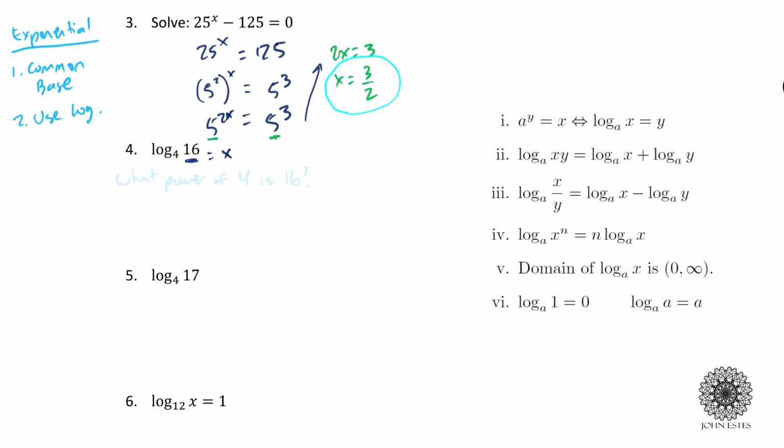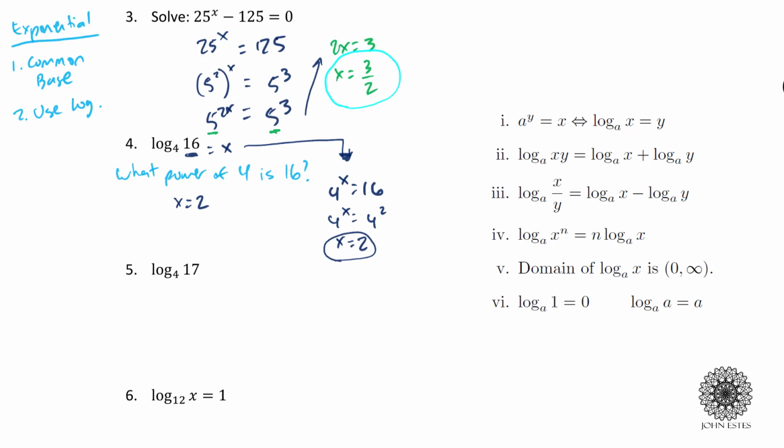From that we can deduce instantly that x has got to be 2. If that's not too intuitive, you could rewrite this as an exponential equation and say 4 to the x power equals 16, and now I can get common bases. Once I get common bases, I can drop the base and just equate the exponents, and so I get x equals 2. Either way, I get the same thing.